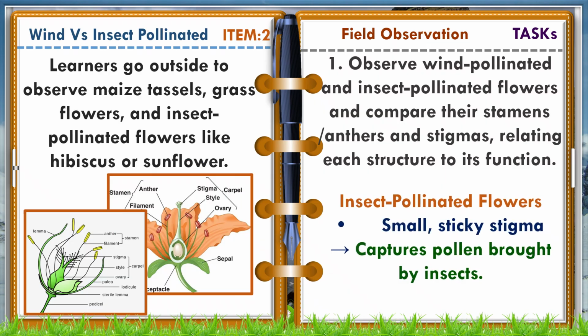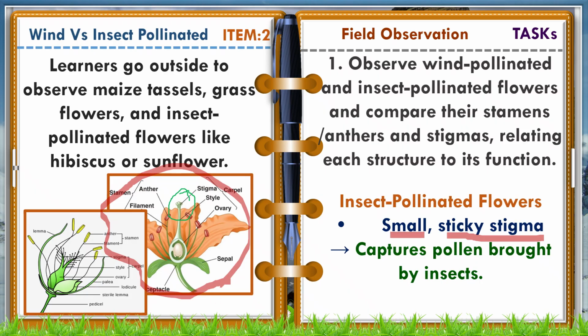Still on insect-pollinated flowers, we can see that they are very small and they have a sticky stigma. If you look at your insect-pollinated flower, you will see that the stigma here is very small. The stigma is very small, but on being small, it is also sticky.